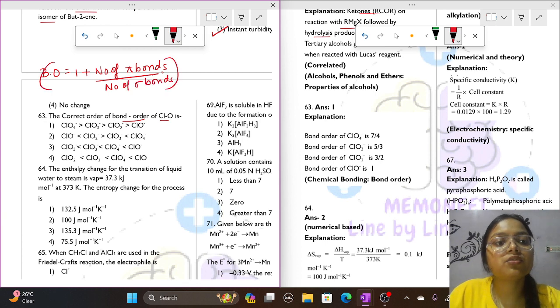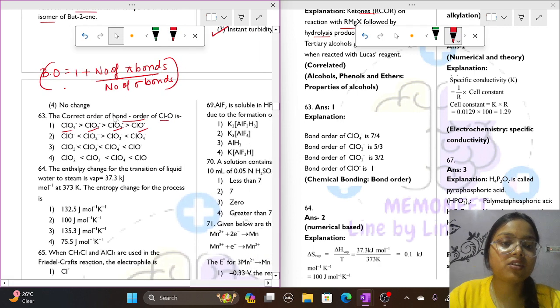To use this, we first have to know the structure of these compounds: ClO4 minus, ClO3 minus, ClO2 minus, and ClO minus. So let's first try to draw the structure for all of these.